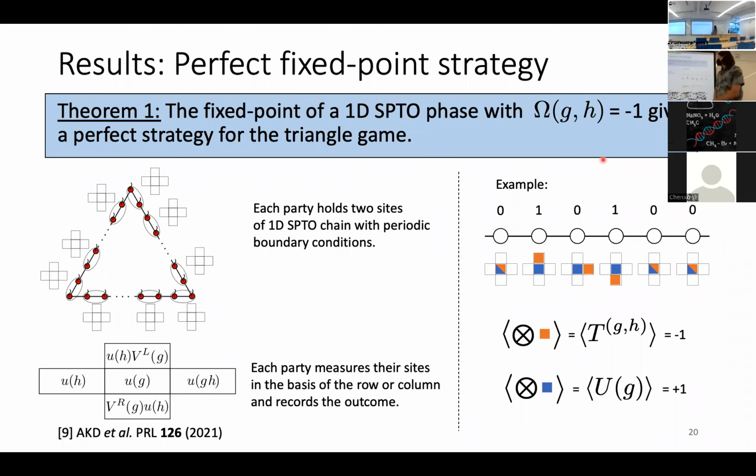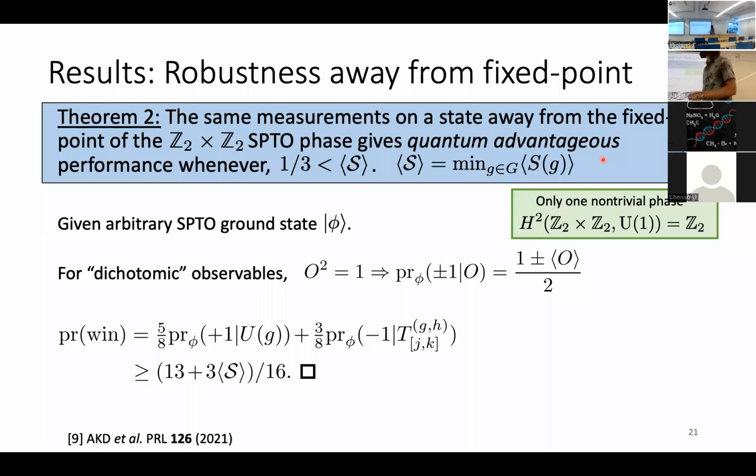Great. So this is a perfect strategy that works at the fixed point, but the real kicker is that for a specific 1D SPTO phase, we can bound the success probability of a generic state in the 1D SPTO phase in terms of the expectation value of the smallest string order parameter.